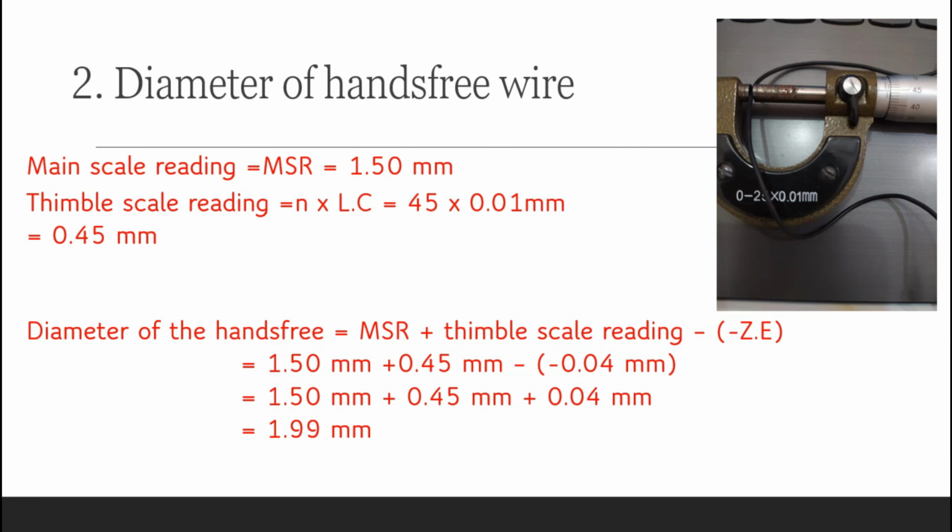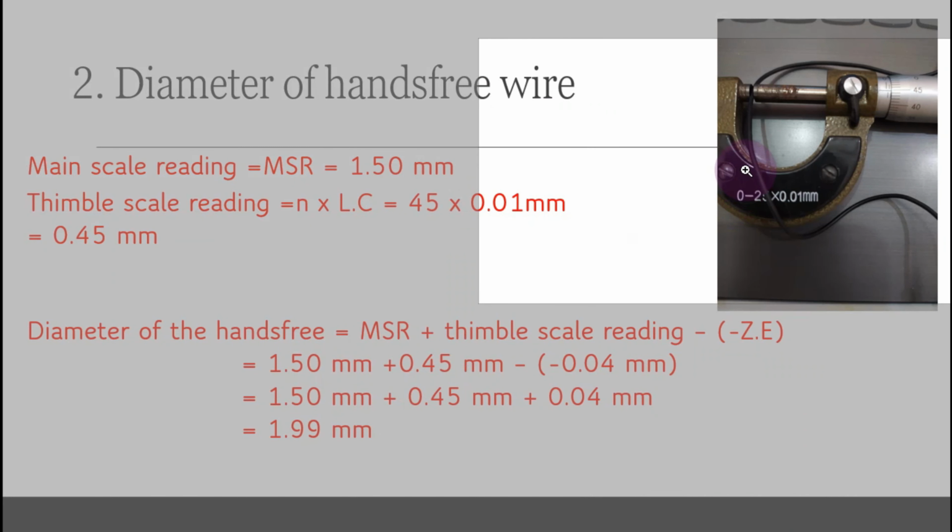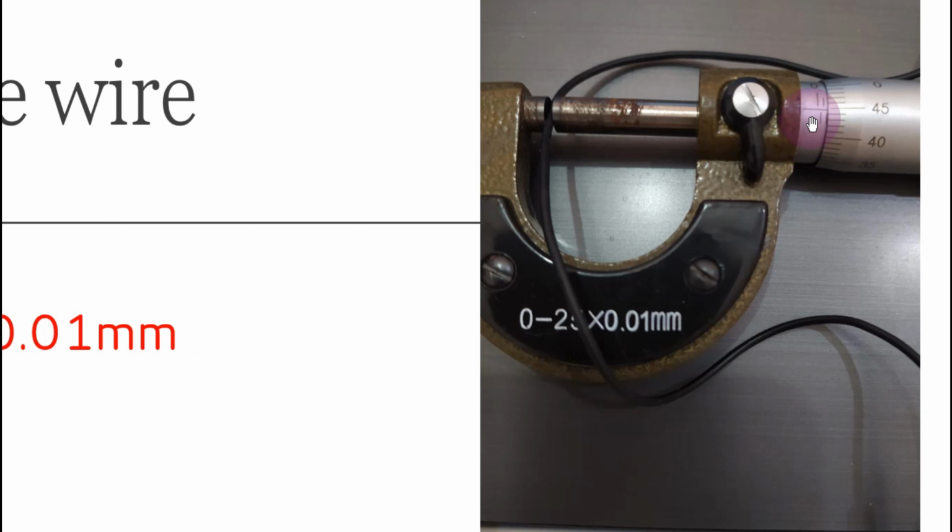Now for further clarity, let's do another example. This is my hands-free, and I want to find out the diameter of the hands-free. So I have stuck it here in the screw gauge, and let's read the main scale reading, which is 0, 0.5, 1 and 1.5. So the main scale reading is 1.5, and in the thimble scale the number which coincides with the datum line is 45.